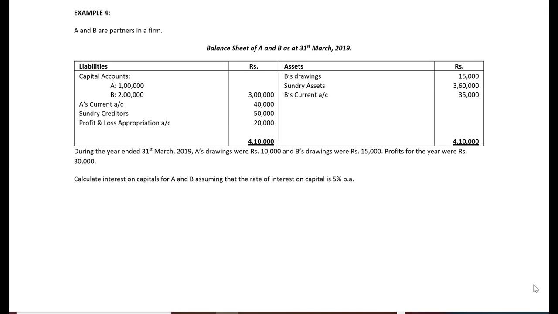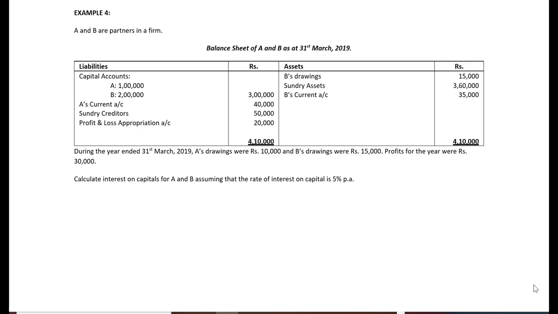Example 4. A and B are partners in a firm. The balance sheet of A and B as at 31st March 2019 is given. The capital accounts of A and B, their balances is 1 lakh and rupees 2 lakh. The current account balances of A and B is also given.